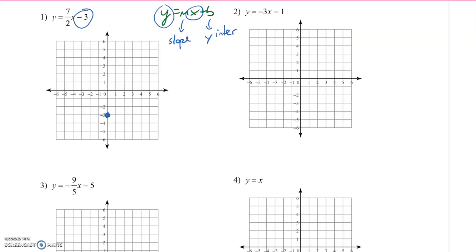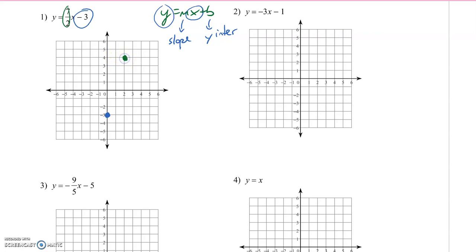And then the slope is 7 over 2. A lot of people will think of it as rise over run and piece it together that way. So you get a rise over run of 7 over 2. Just go with whatever point you have. Rise 7: 1, 2, 3, 4, 5, 6, 7. Run 2: 1, 2.